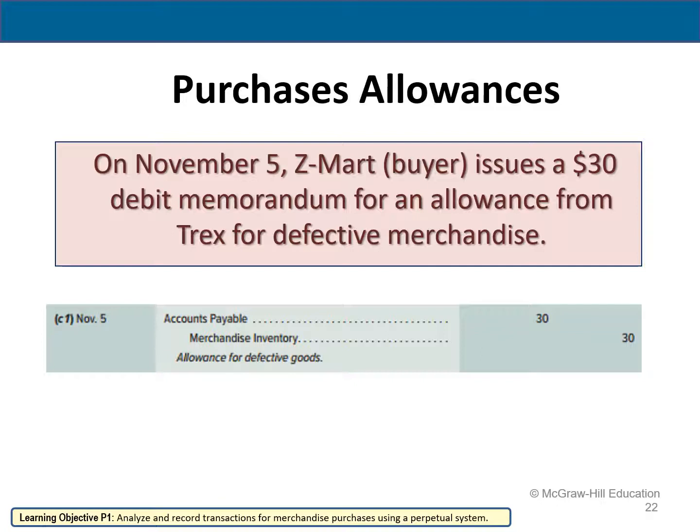They originally bought merchandise inventory for 500 bucks, and now there was a debit memorandum issued, so we're going to reduce our inventory balance, and we reduce assets with credits, and we're going to reduce our accounts payable. Because we originally had a $500 debit to merchandise inventory and $500 credit to accounts payable, and now there's a debit memorandum for defective merchandise, so we're going to reduce our payable by 30 bucks and reduce our inventory by 30 bucks.